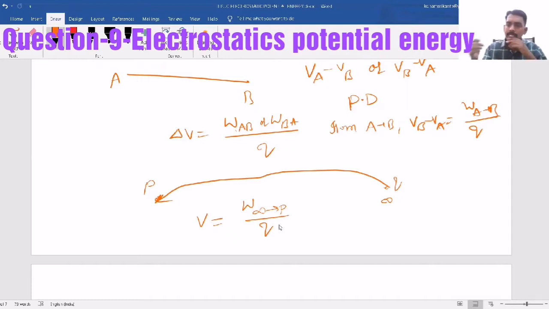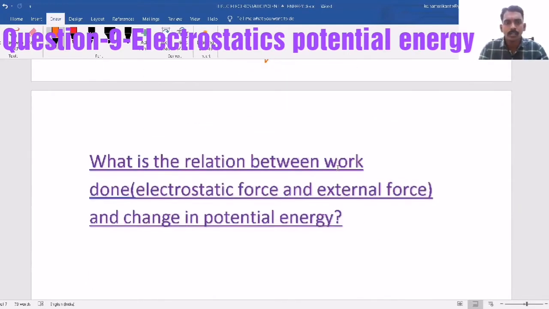So if the initial point is at infinity, then the work done for unit charge is the potential at the final point where you are bringing. If two finite points are considered, then the work done in moving between those two finite points for unit charge is the potential difference between those 2 points.